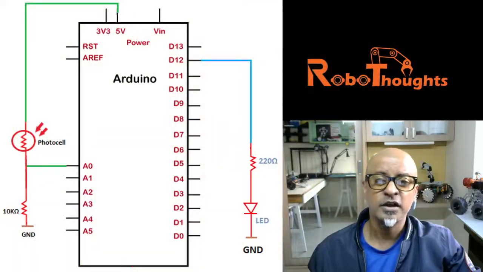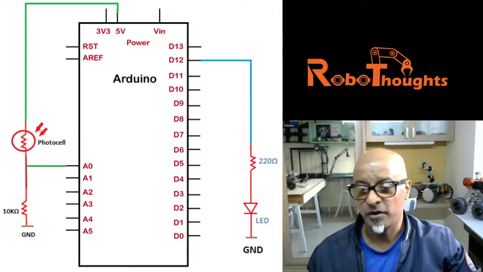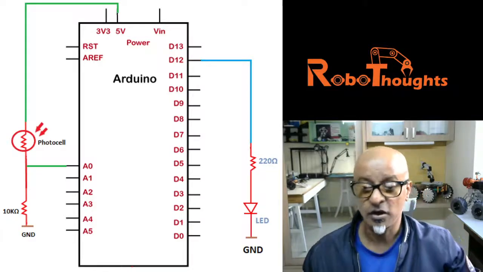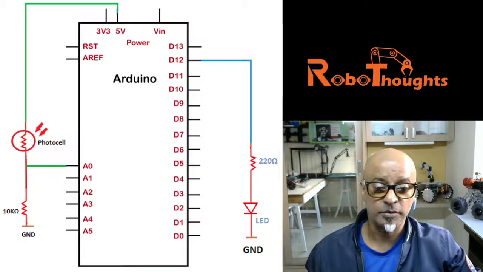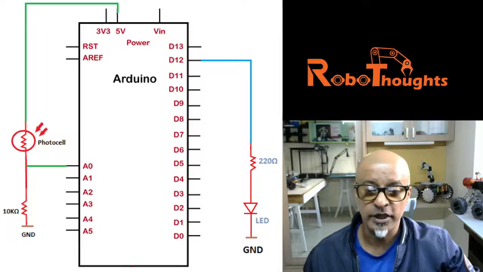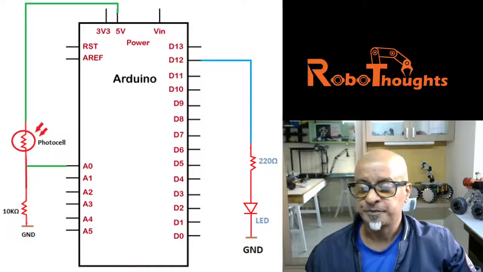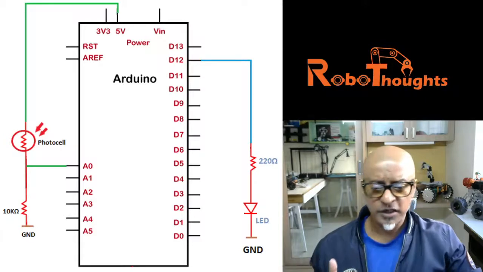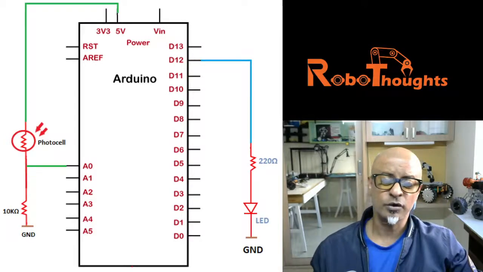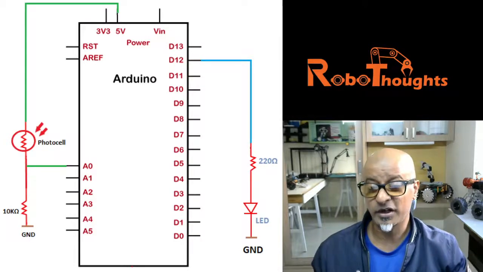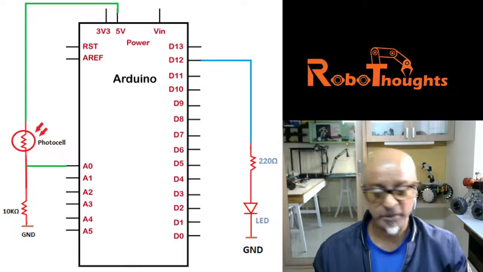Now let me show you the basic circuit, how to plug it up. This is the basic architecture of the LDR sensor, how we are going to plug it into the Arduino A0 pin. But before that, let's take a look at what exactly this photoresistor does. You can call it a photoresistor or light dependent resistor.